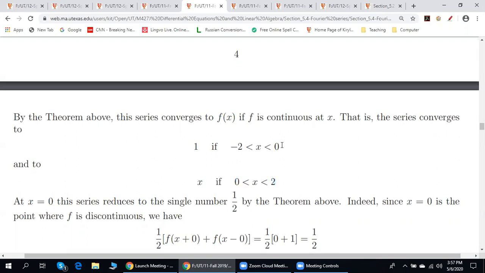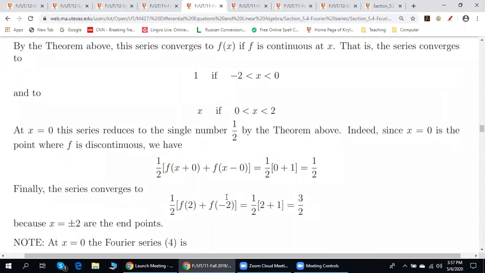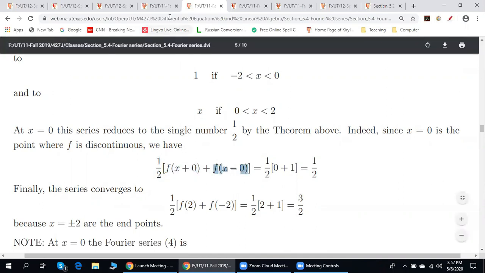Case 2. Suppose x is the point of discontinuity, meaning 0. According to the theorem, our series converges to this, where here we have the limit from the right and here we have the limit from the left.